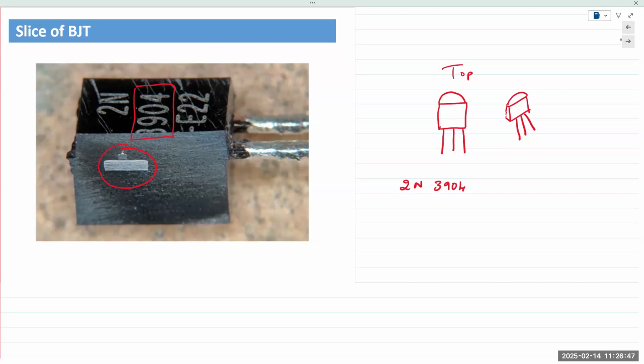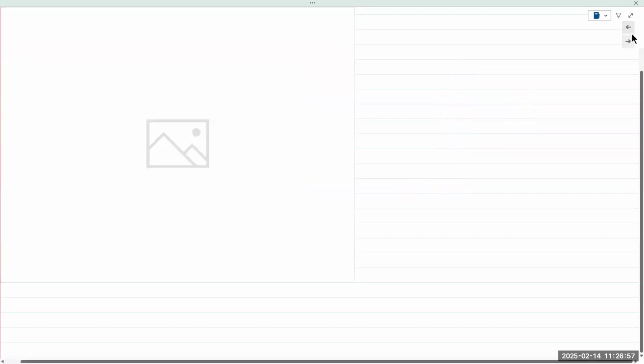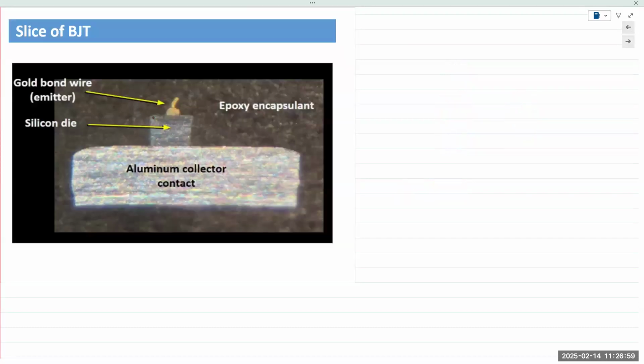Anyway, this transistor 3904, the actual transistor is not even this. Let's take a close look at that one. The actual transistor is right here on top. The rest of this is simply the bulk of the wafer.